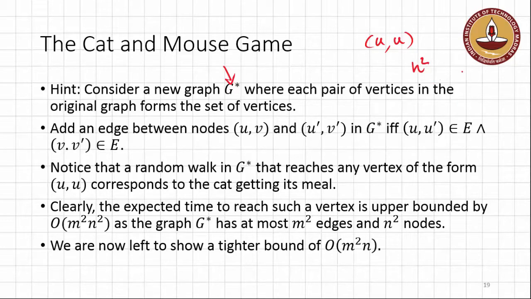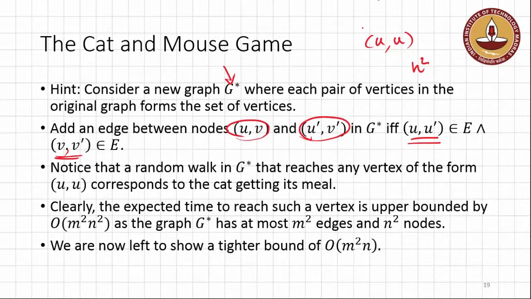But how do we place the edges in this new graph? Consider two vertices (u, v) and (u prime, v prime) in G star. There will be an edge between these two vertices if and only if (u, u prime) was an edge in E, and also (v, v prime) was an edge in E. In other words, the intuition is the following.